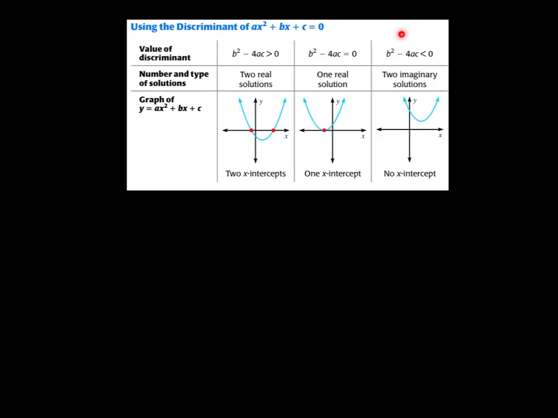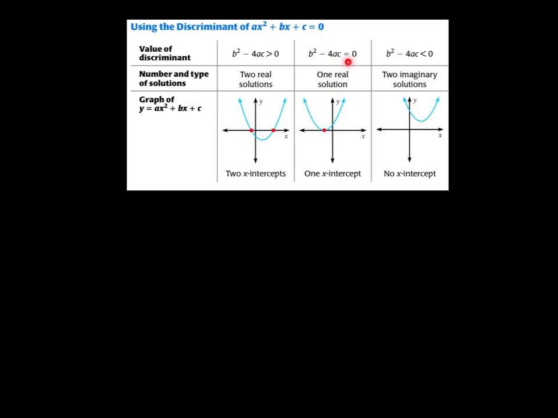When the discriminant is positive, that means that this parabola here hits the x-axis at 2 places. So anytime you're positive under the discriminant, you're going to have two real solutions. Anytime your discriminant equals 0, that means that your plus or minus term pretty much just disappears. So you're left with one real solution.